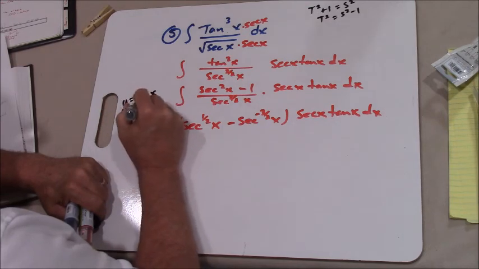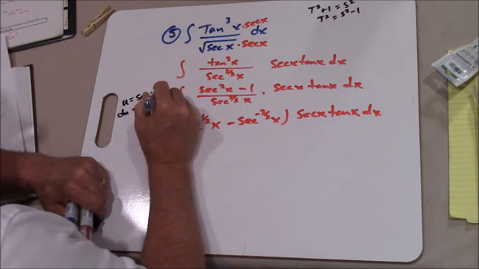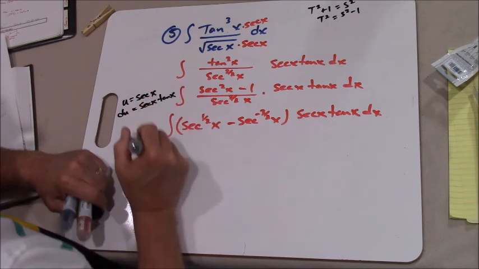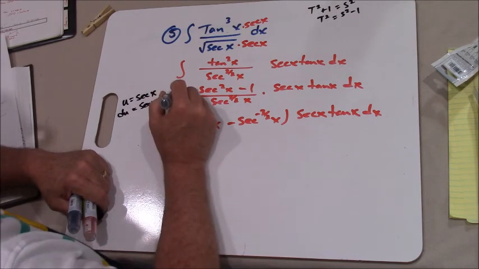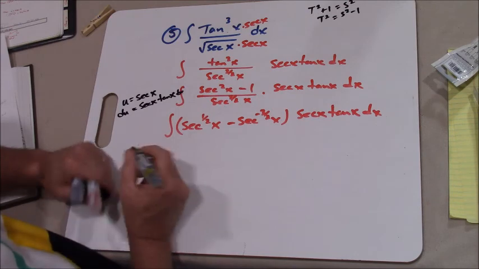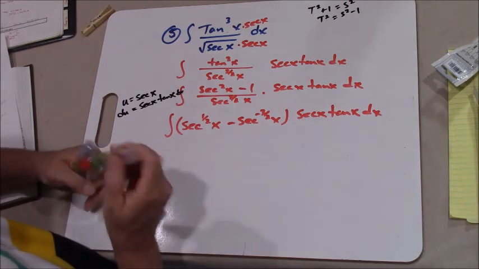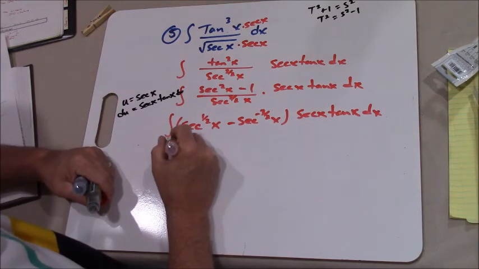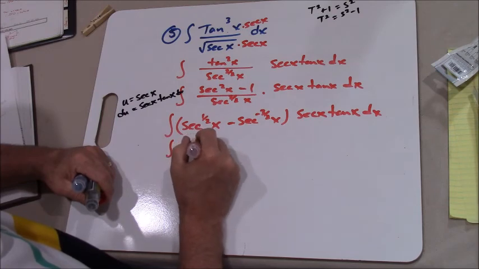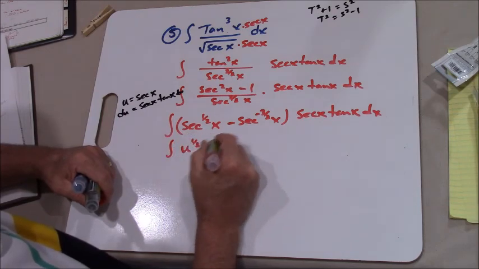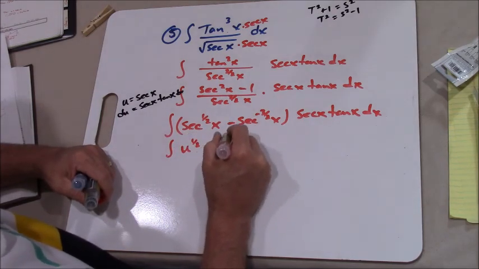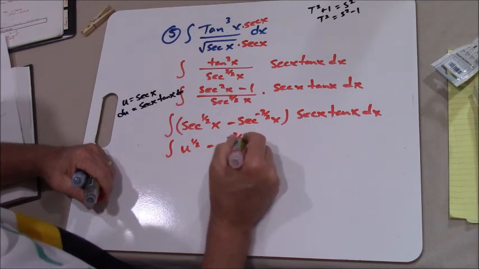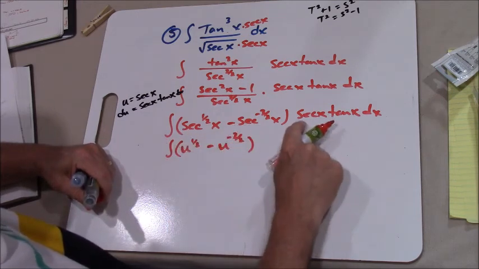Therefore du equals secant x tangent x dx. I just took the derivative of secant x. And so that means I've got the integral of u to the 1/2 minus u to the negative 3/2 du.